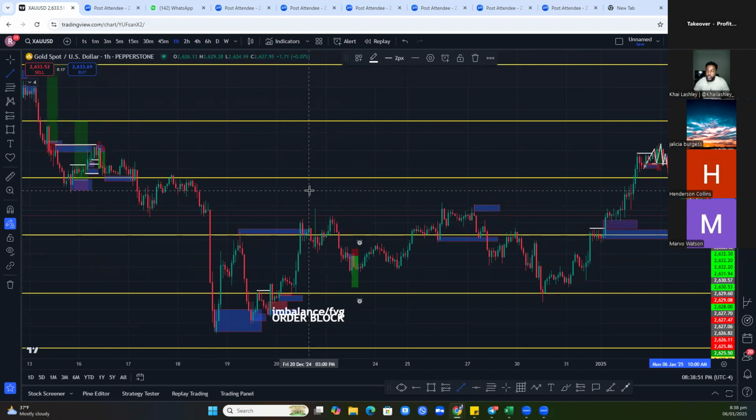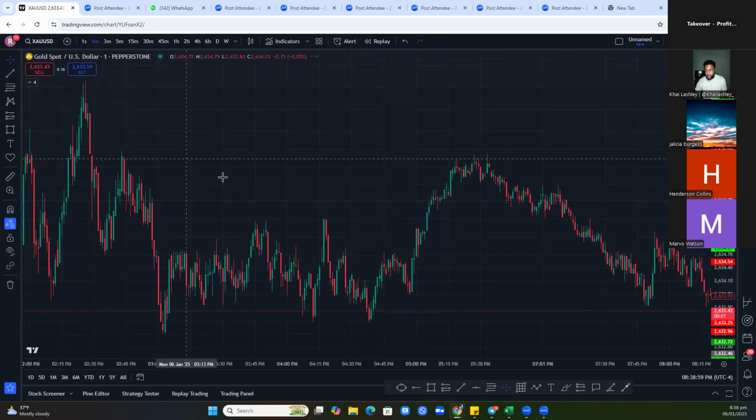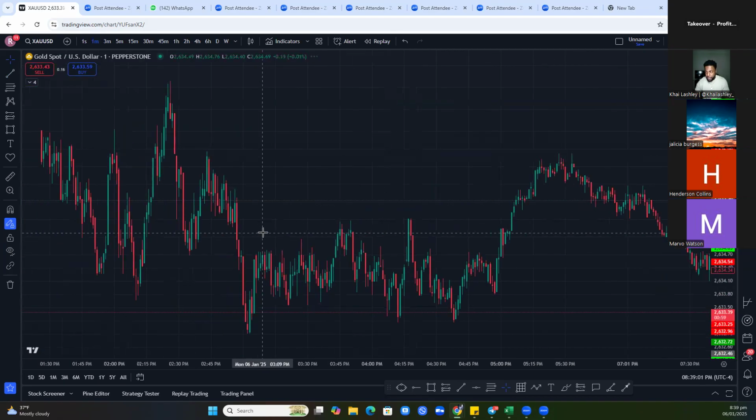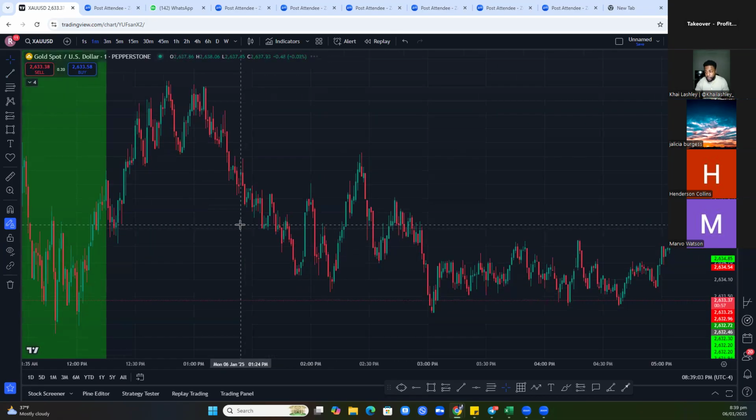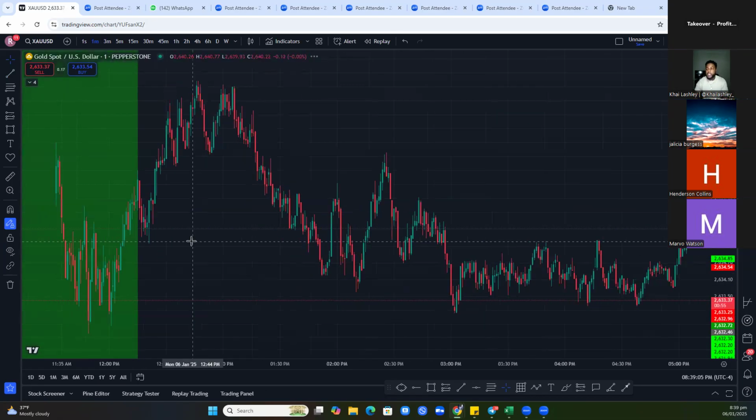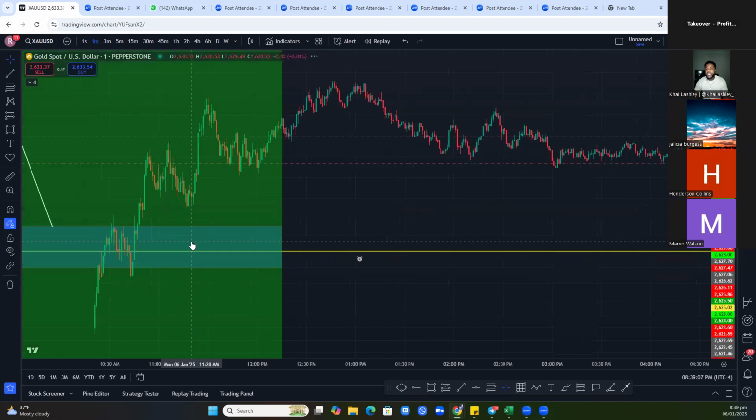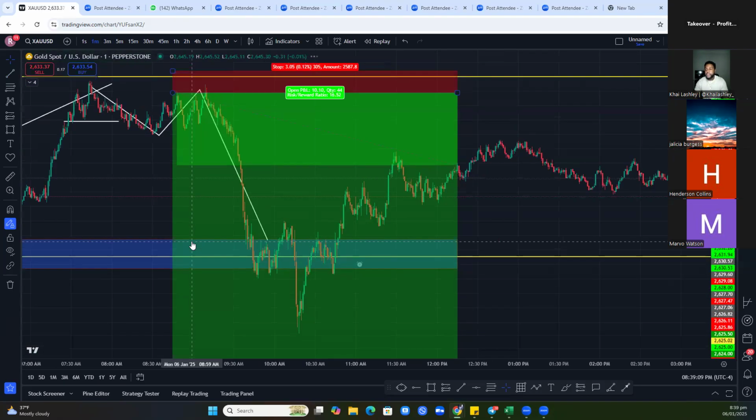Make sure that you identify these on a time frame that makes sense. You don't want to be on a 1 minute time frame, and every time you see an engulfing candle, you buy or sell. You don't want to do that.